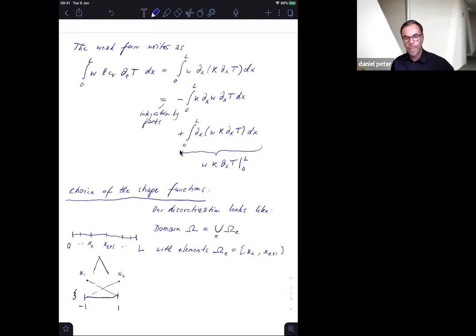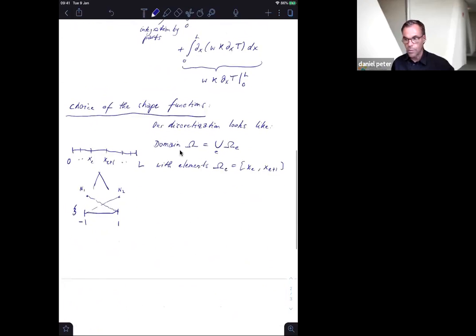And so for the mapping to the reference element, we need to define what the reference element will be. The reference element will have the coordinate xi, which we define to be between -1 and 1. And the mapping will be a linear mapping, just like in the finite element method.